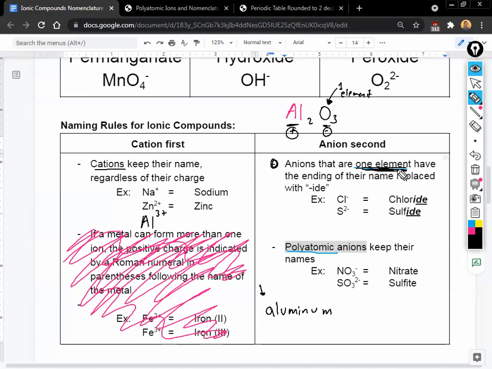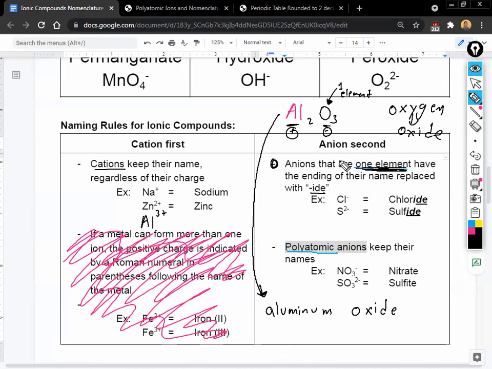If it's one element, you need to change the ending of the name and replace it with IDE. So oxygen, we would just turn into oxide. Okay, so this name would be aluminum oxide. This chemical is aluminum oxide. Yes, you should have this in your notes because we'll be doing problems with this in just a second.